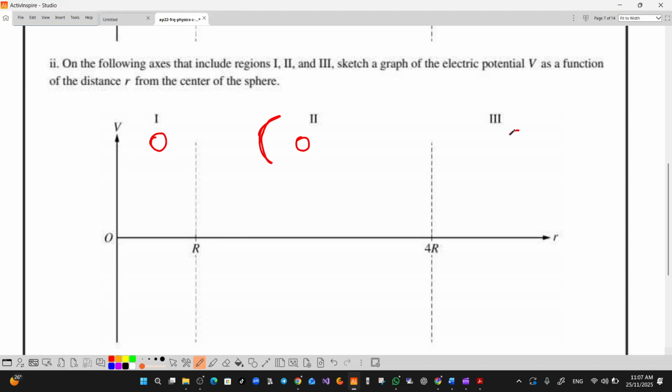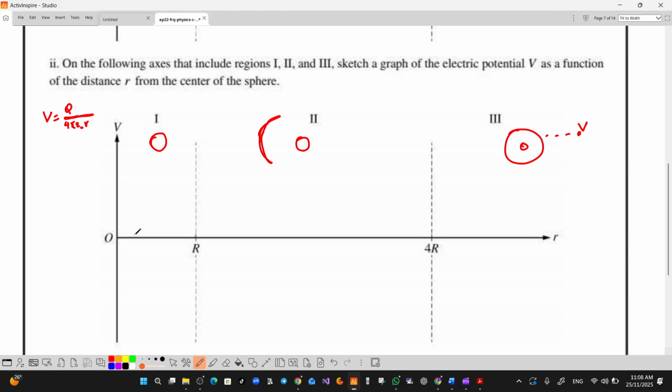And then the third region, when we cross the outer surface of the shell. So here we need to know how the potential varies with respect to R. Let me remind you that in the first region, the electric potential at any point will be given by Q over 4 pi epsilon 0 R.